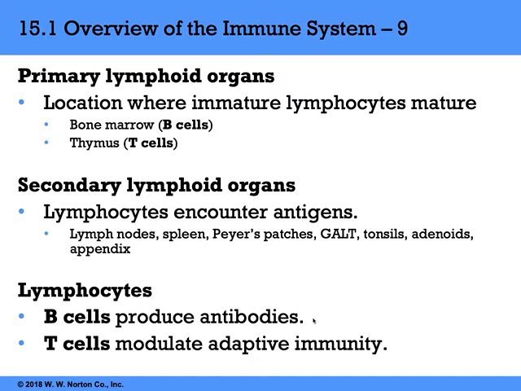huge number. Okay? And the reason that this is possible is because the genes that contribute to the production of the antibodies and the production of the T cell receptors that are going to do the job of recognizing these antigens are actually produced in the course of this selection.